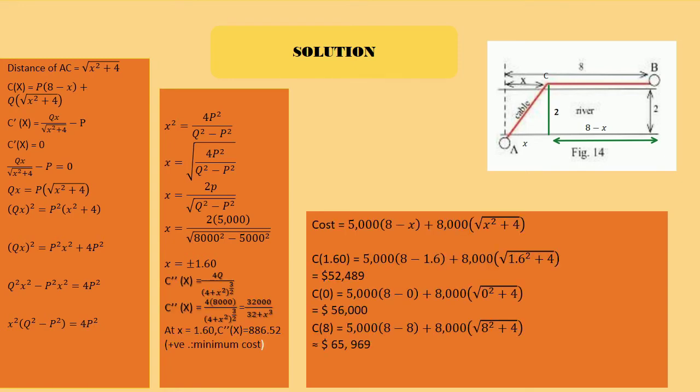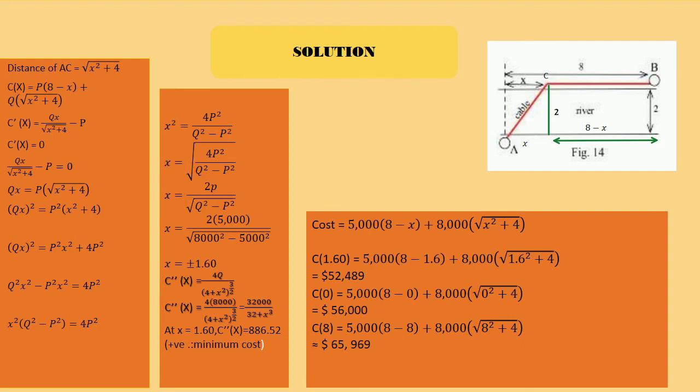After finding the value of x, we need to know whether the answer we obtain is negative or positive to get the minimum cost. To test the answer, we must use the second derivative test. The formula of the second derivative test we can get by differentiating the first derivative formula again.